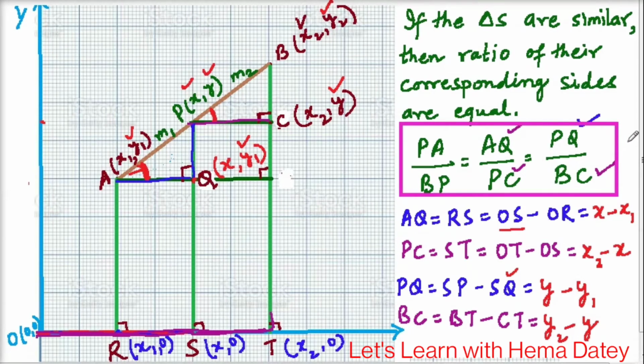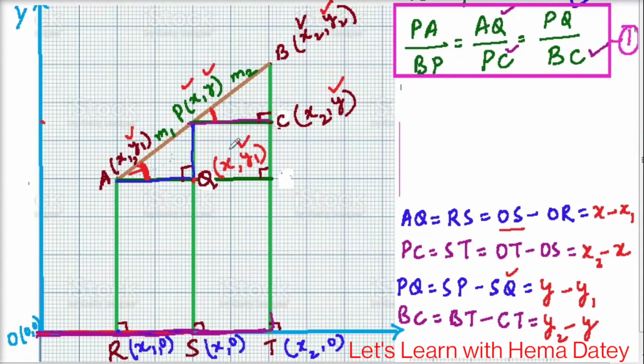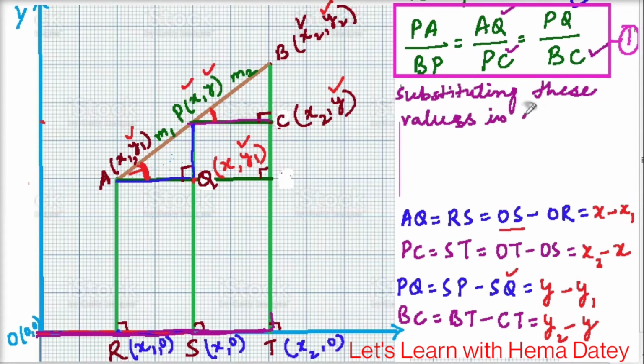Let's give this relation PA upon BP equals to AQ upon PC equals to PQ upon BC number 1. Now we are going to substitute the values of AQ, PC, PQ and BC in equation 1. We are already given PA ratio BP is equal to m1 ratio m2.